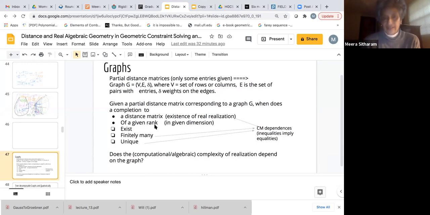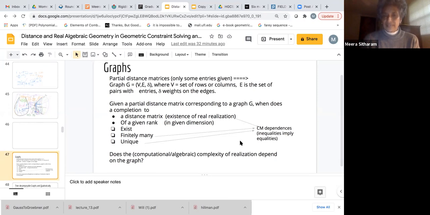Somebody gives you a rank and asks, can you extend it to a positive semi-definite matrix of that rank? This can be split into three parts. Does such a completion exist? How many completions are there, what is the dimension of the completion space? And whether the completion is unique. These are the three general questions you're interested in.